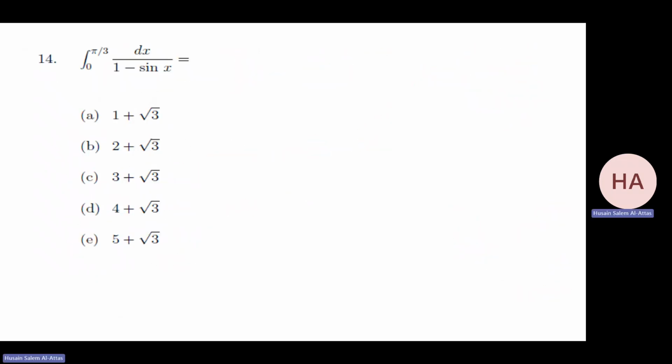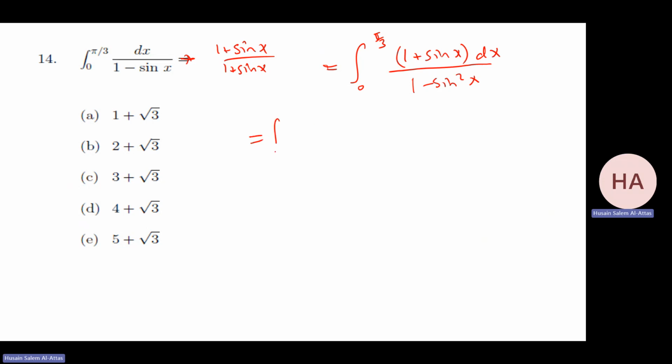Okay. This one, yeah, I can multiply by 1 plus sine x over 1 plus sine x. Yeah, I think that will make it. So I have 1 plus sine x over 1 minus sine square x dx, and that is what? 0 to pi over 3.